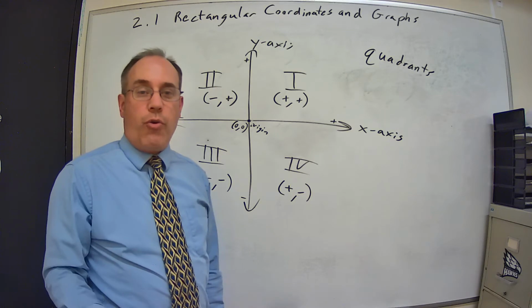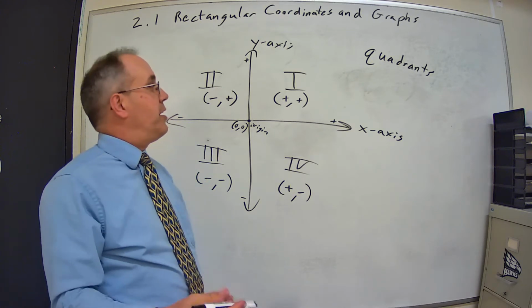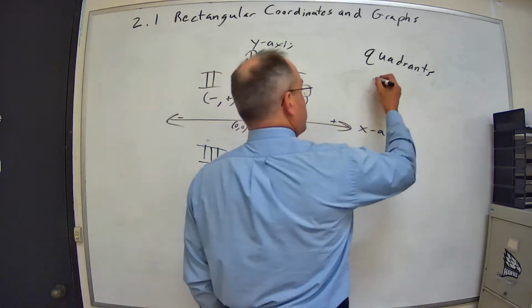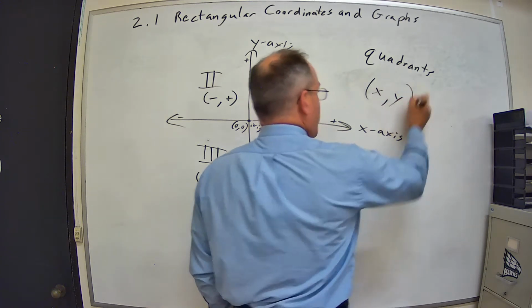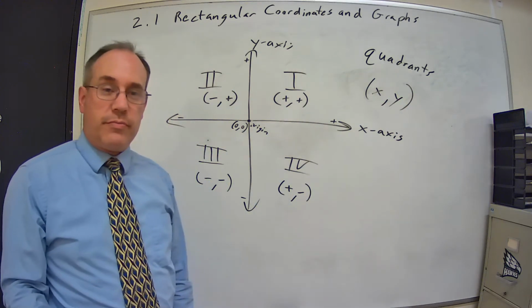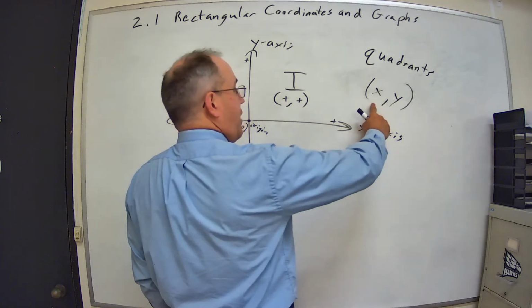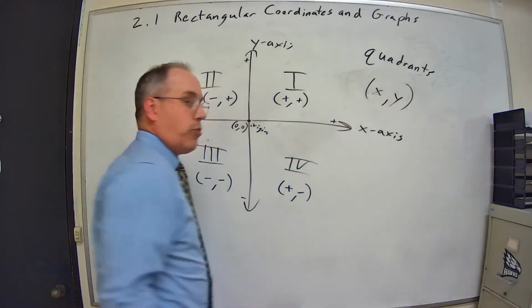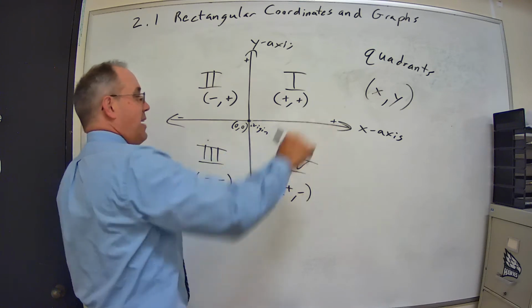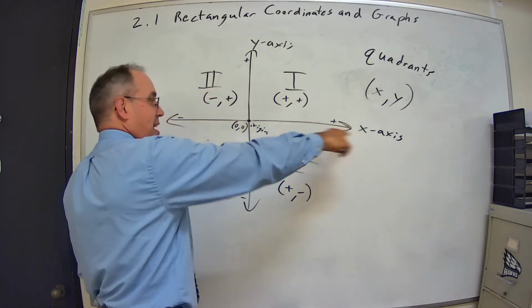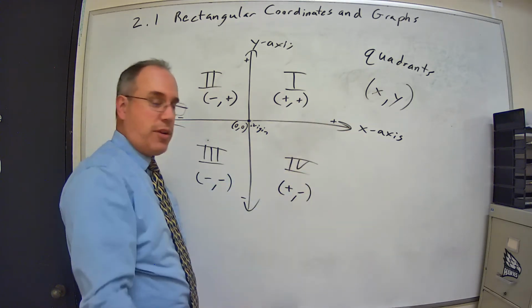Also remember that our ordered pairs are done in XY, alphabetical order. So the value is XY, alphabetical order. The axes, the x-axis is the horizontal, that's what comes first.